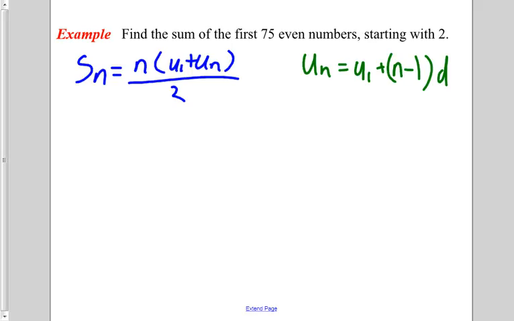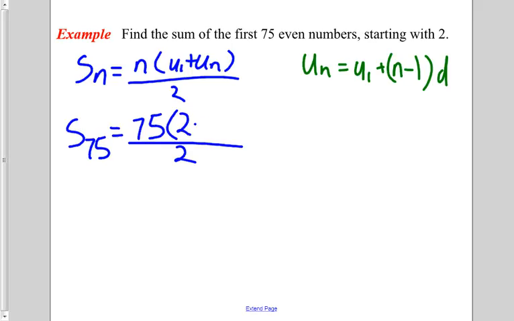Let's start by plugging in what we know into our Sn formula. So S of 75, because I have 75 terms, equals 75 divided by 2 times the first term, u1 equals 2, but I still don't know un yet.